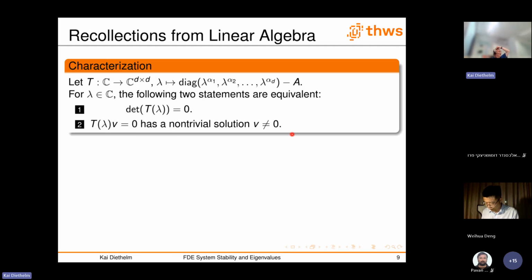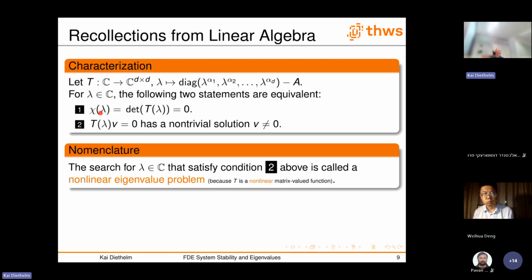That's plain and simple linear algebra, and in our case, the matrix T of lambda, or a matrix pencil, as it's called in linear algebra, is just this diagonal matrix minus capital A. So the function here is just our characteristic function. And so we are looking at values of lambda for which this linear equation system has a non-trivial solution.